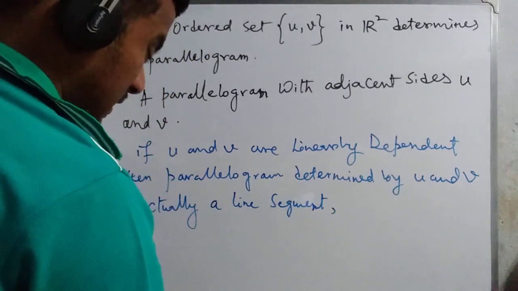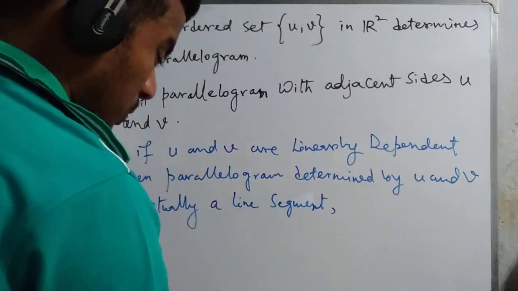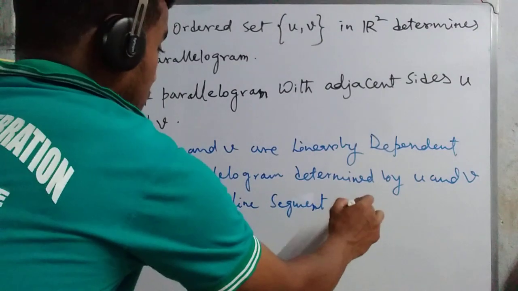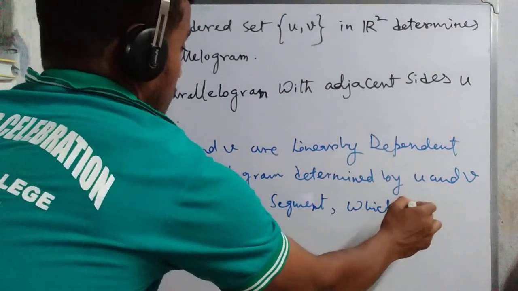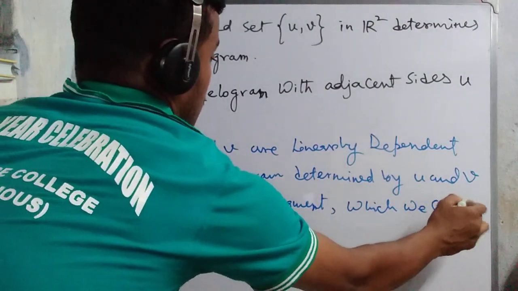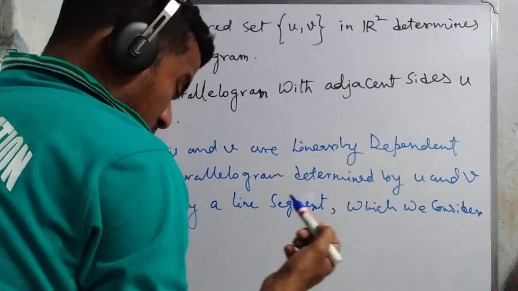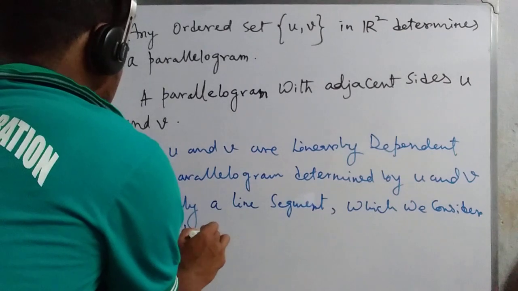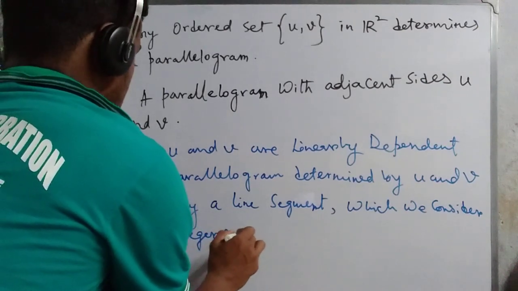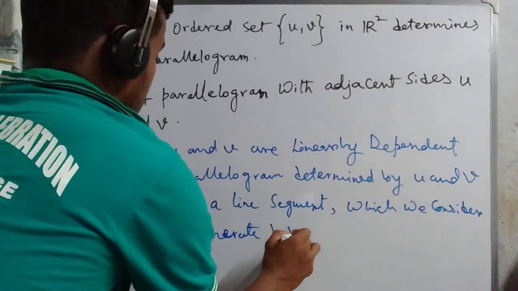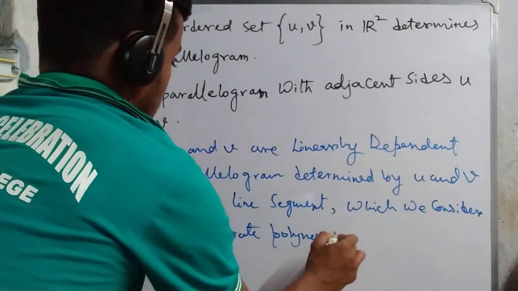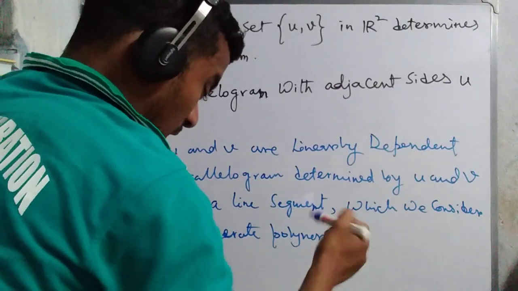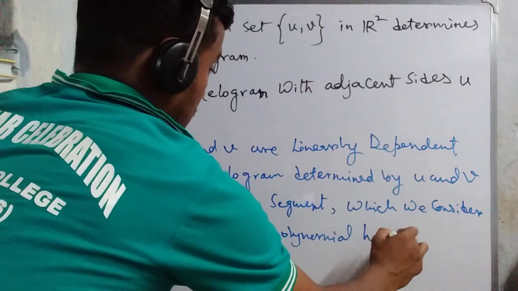Then we consider it to be a degenerate parallelogram having area 0.